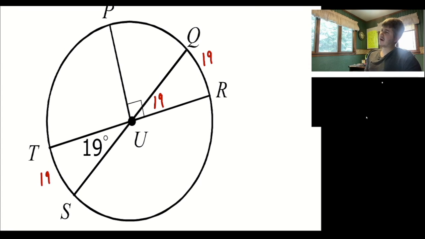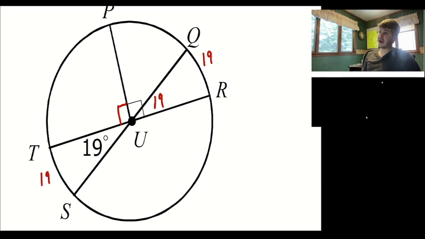So let's see what we can figure out from here. Two things stand out to me, this angle and this angle. This one right here must be 90 degrees because it's right next to another right angle and it's across the diameter. We can see the flat line right here, so that 90 plus 90 must be 180.